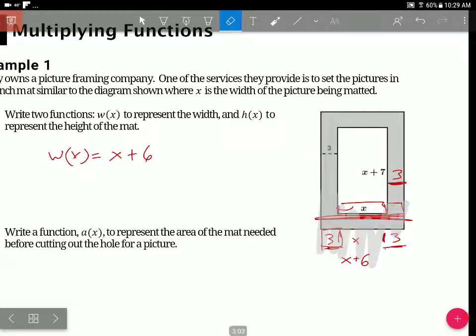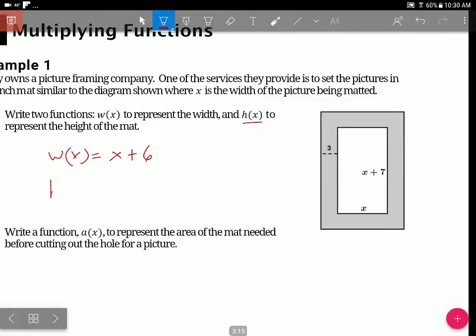I'm going to erase all this. Anybody struggling with that still? All right, cool. They say write a function, and they want to say h of x, where h is the height of the mat. So h of x is this distance right here, which is x plus 7.